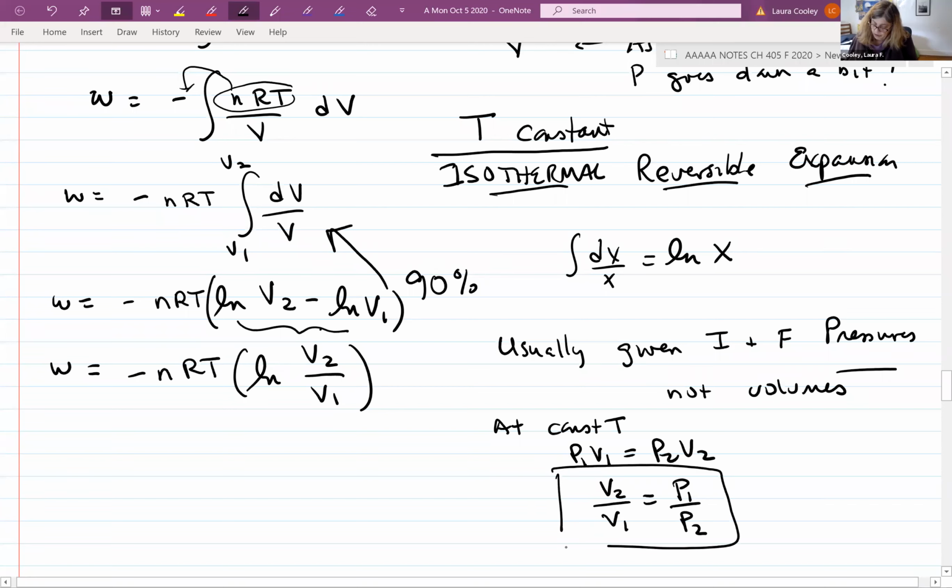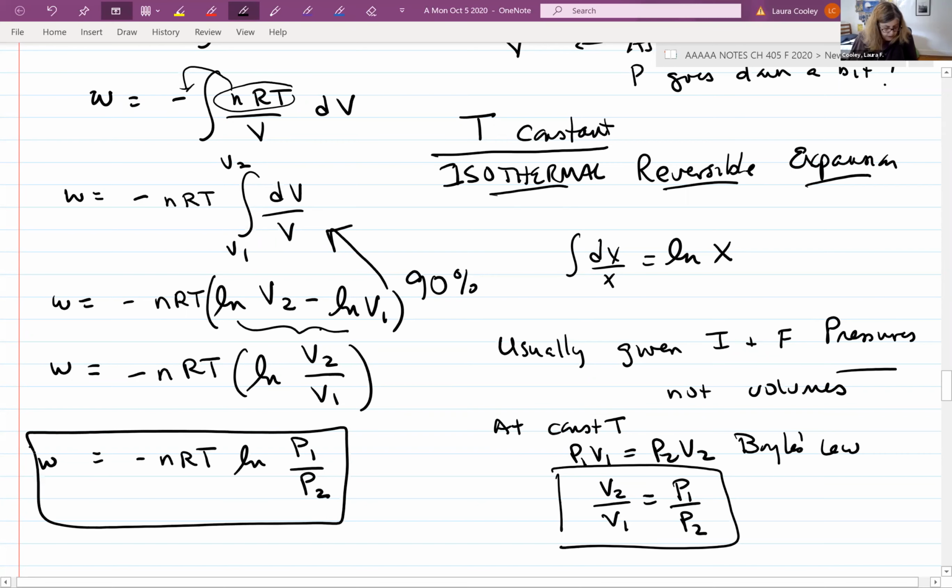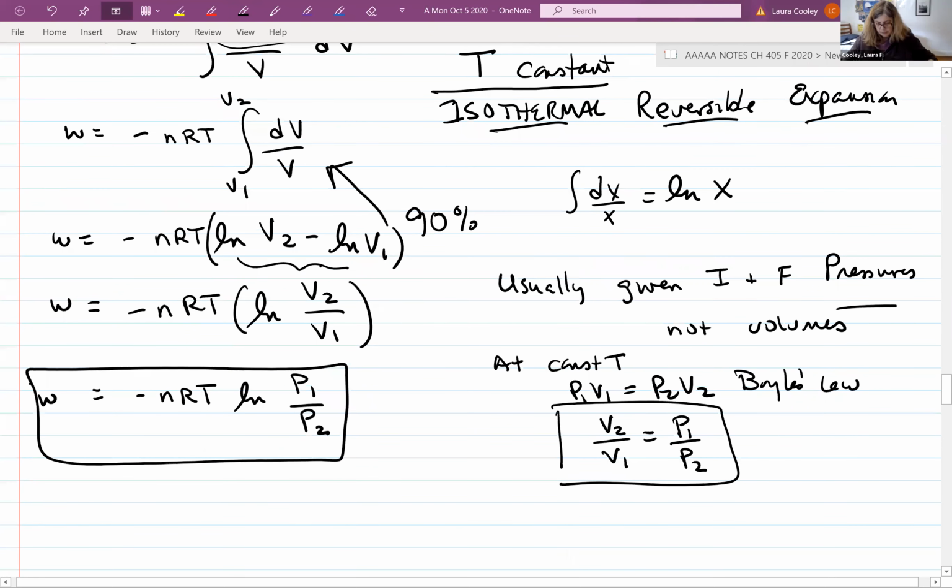So that's Boyle's law. So we end up with minus nRT log P1 over P2. Notice the P1 is on top. And again, let's look at this.